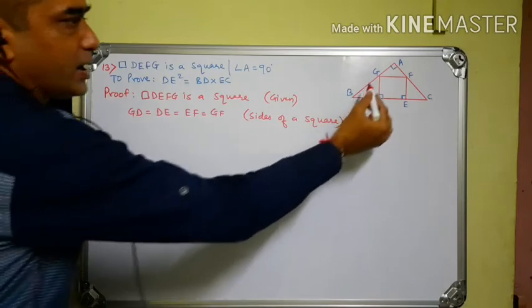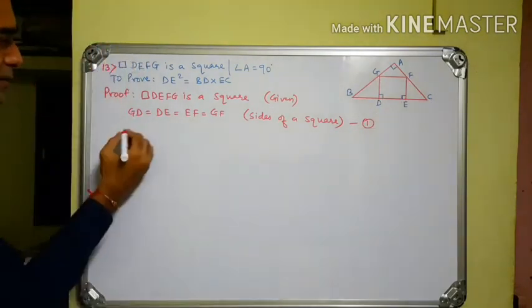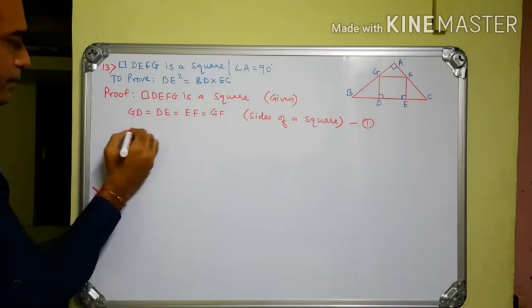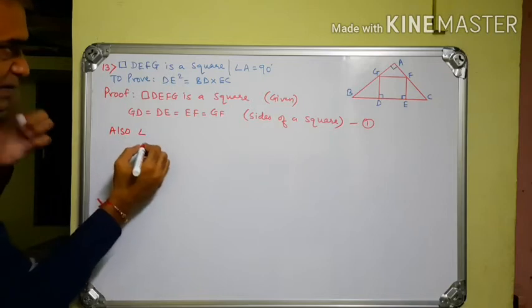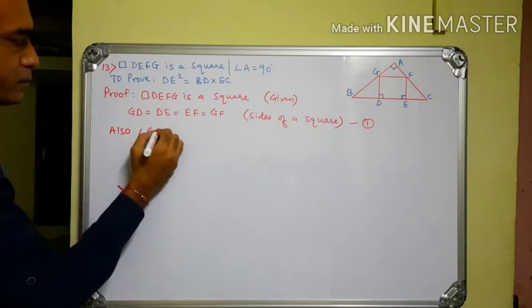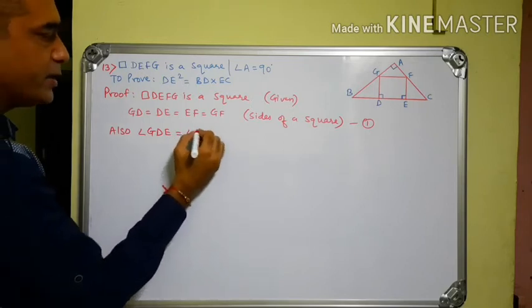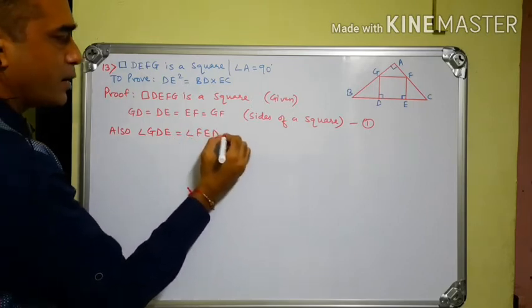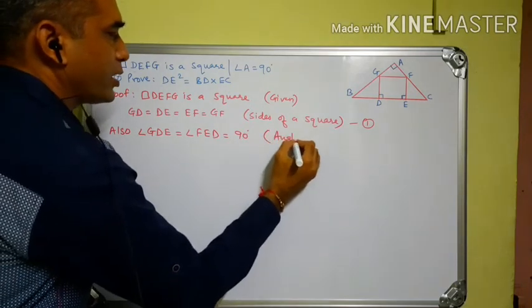And angle GDE and angle FED both will be right angles. Also angle GDE will be equal to angle FED equals 90 degrees, because these are the angles of a square.